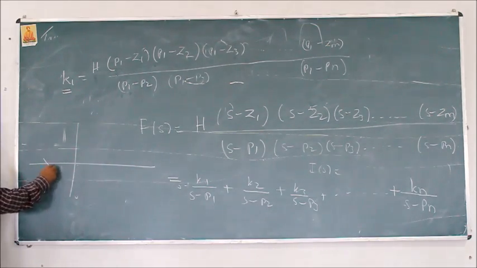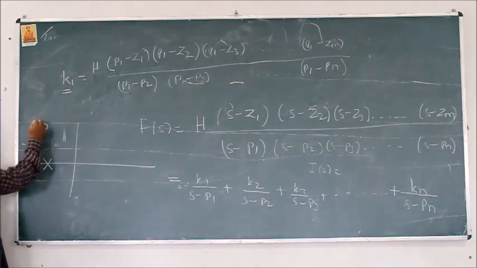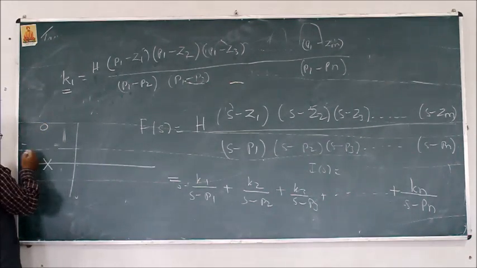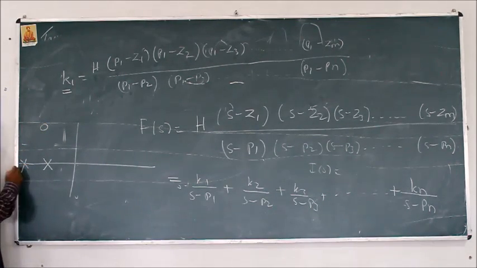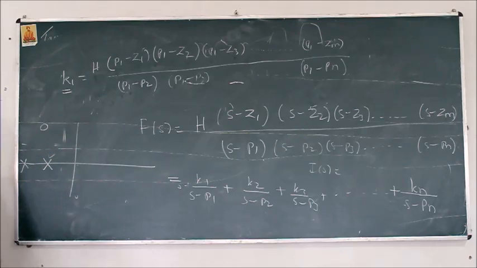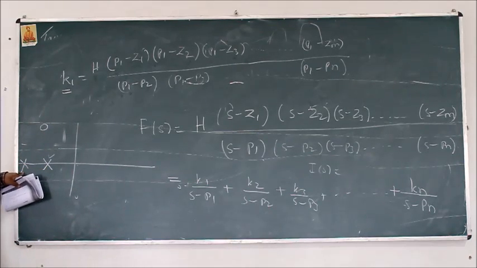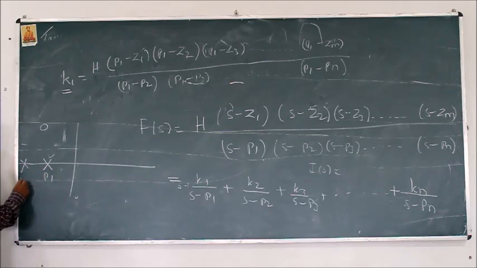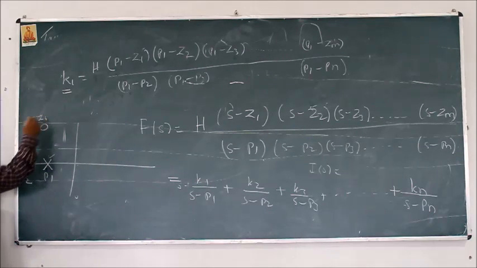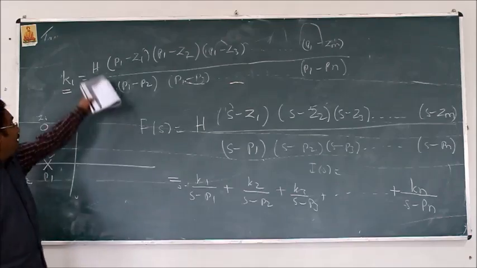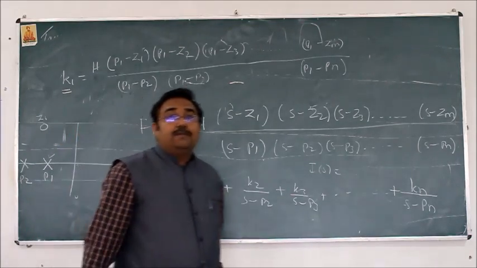Suppose this is my pole and there are other zeros and let's say another pole is there. This pole is of my concern. That is, my P1 is this one. This is the other pole P2. This is P1, this is P2 and this is a zero. Now first of all I have to calculate the phasor P1 minus Z1.